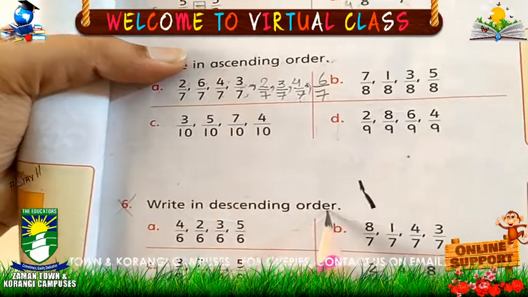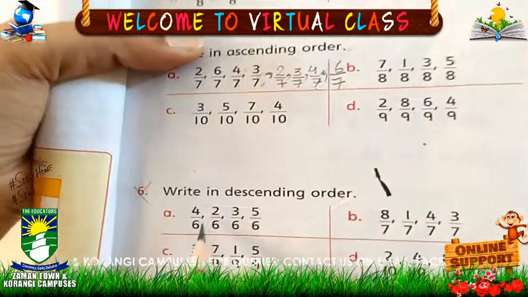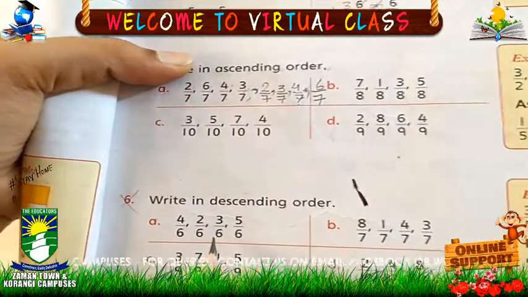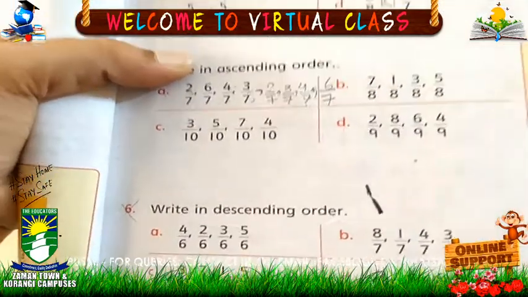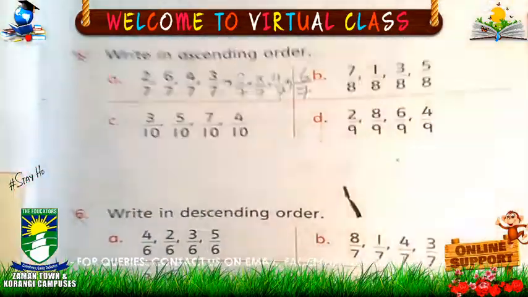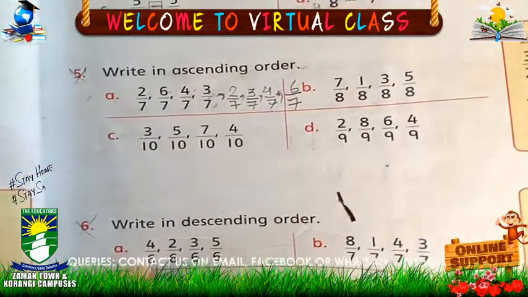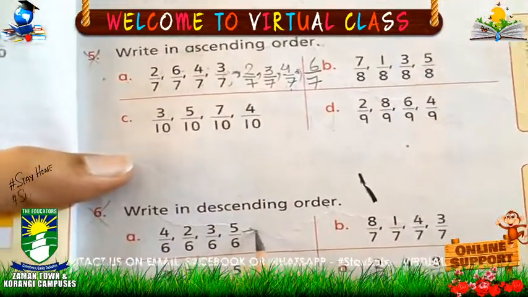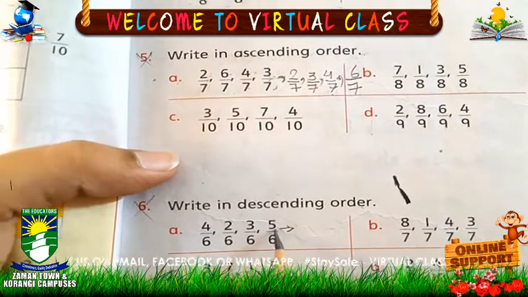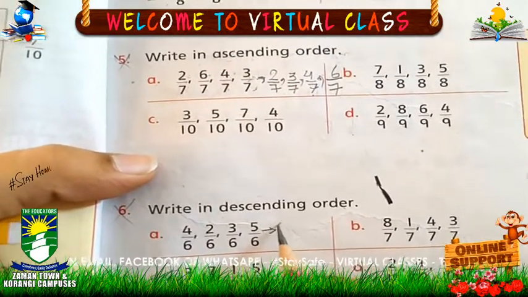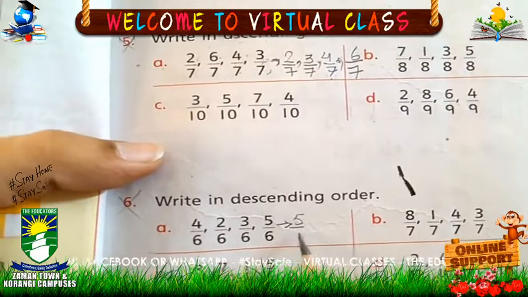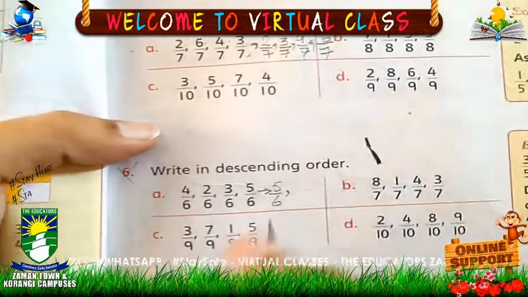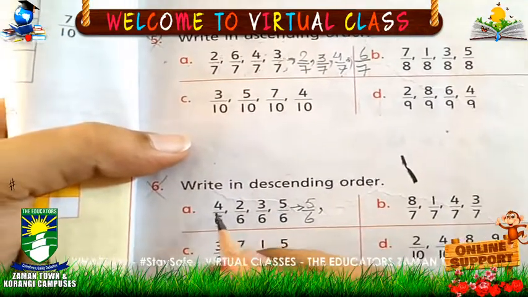Write in descending order. You have to rearrange these fractions into descending order. In descending order you start writing with the greatest fraction and end up with the lowest fraction. The greatest fraction here is 5 over 6. Then what comes before 5 is 4.